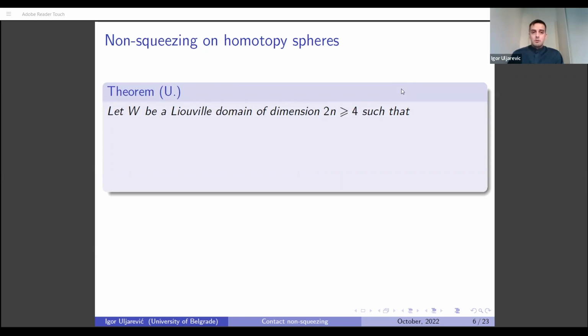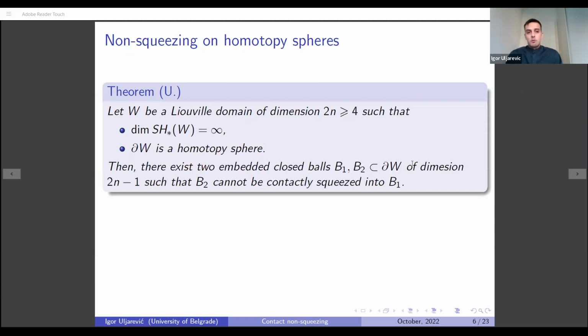So if W is a Liouville domain of dimension at least 4, such that its symplectic homology is infinite dimensional, and such that its boundary is a homotopy sphere, then the same conclusion holds. There exist two smoothly embedded closed balls, such that one of them cannot be contactly squeezed into another.